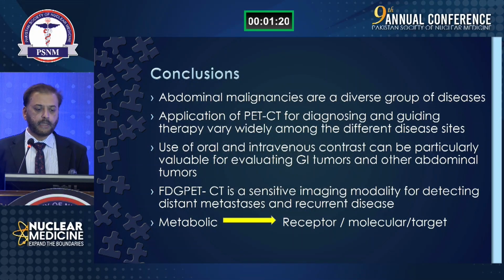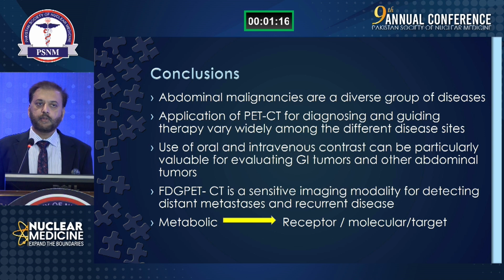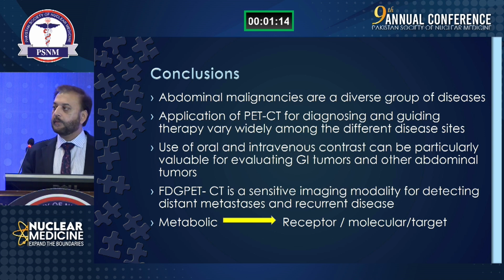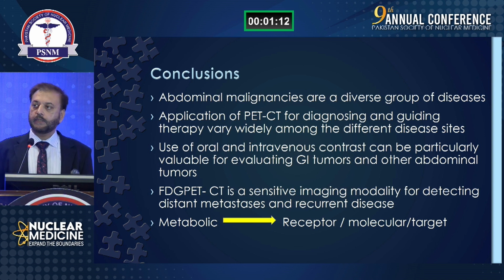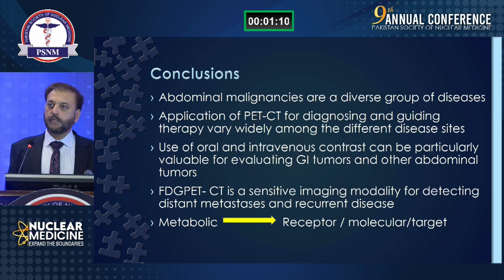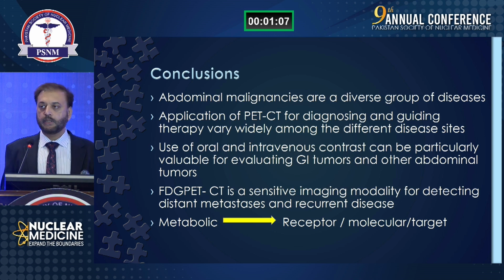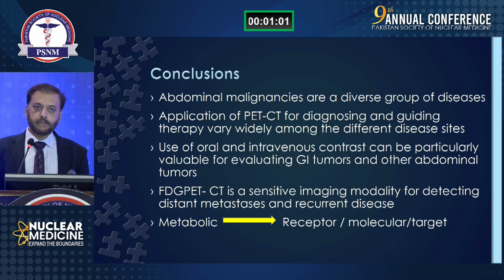So I just conclude my talk today that the abdominal malignancies can be evaluated using PET-CT, but not all the abdominal malignancies will be picked up, and it's based on the site of the disease. T-staging is usually not possible to evaluate fully on PET-CT scan alone.